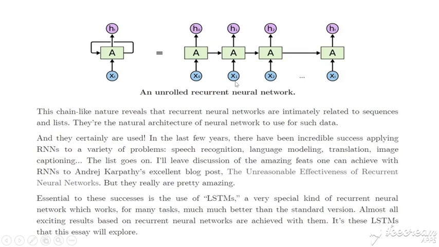Now for the second layer, x1 is the input, but your h1 hypothesis, which is the output, is not just dependent on x1 like it was in the first case. It is dependent on x1 as well as this feedback coming from the x0 state. So that is how you get the h1 state.